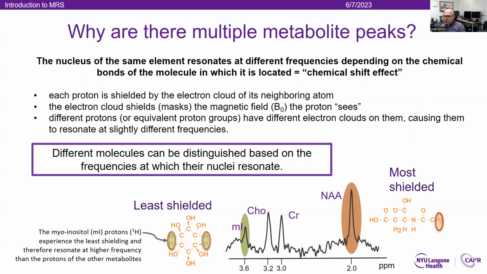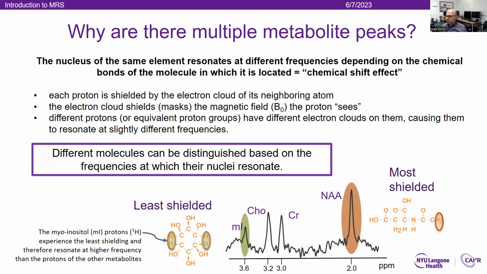And that means that they also see different degrees of the main magnetic field, which is generated by the MRI magnet. The MRI machine generates this magnetic field, and depending on how much of an electron cloud each of those detectable protons has on it, that determines how much of the magnetic field the proton sees, so to speak. And that's called shielding. The bigger the electron cloud, the more shielded the proton, and vice versa.